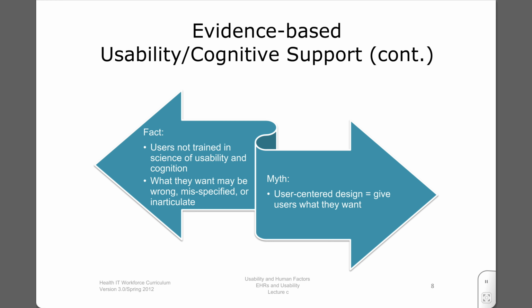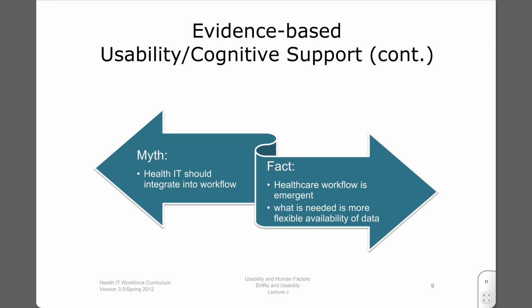While it is of utmost importance to engage users from the beginning, they may be inarticulate, unaware of their real needs or what can be done in software, and untrained in the science of cognition and human-computer interaction. Health IT must accommodate workflow, but healthcare workflow changes with time, and systems must accommodate this. What is needed is more flexibility of data and presentation.